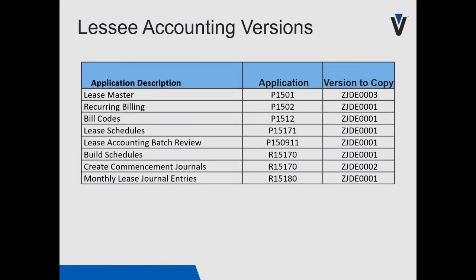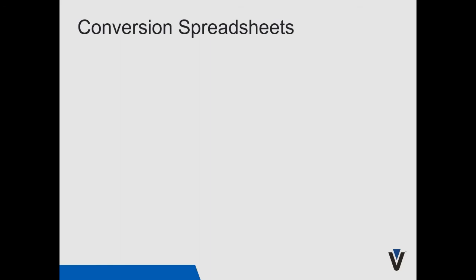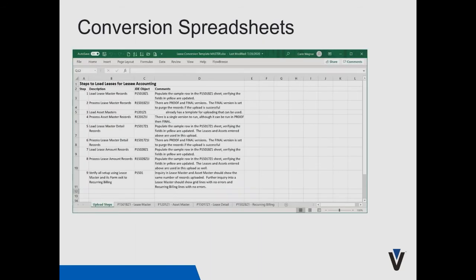And here's the objects in lessee accounting. Notice there's not a lot, which is great. Means you can start using lessee accounting right away or fairly quickly. And for those who have a large volume of leases, there are conversions, Z processes, that have grid, copy-pastable grids. So Denovo has a spreadsheet that you can use to help load those in a very efficient way.